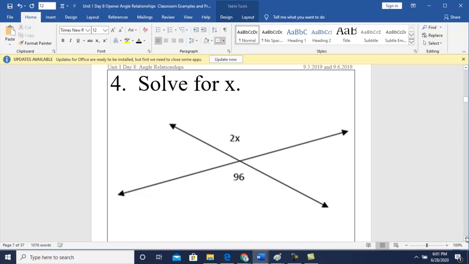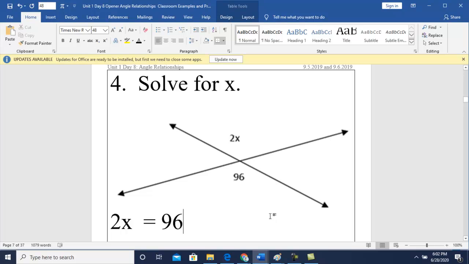And what we want to do here is solve for x. So we're going to be practicing our algebra skills. So we're going to apply what we've learned today. So for example, this is two angles that are vertical angles. So I got 2x, and that's going to have to equal 96.